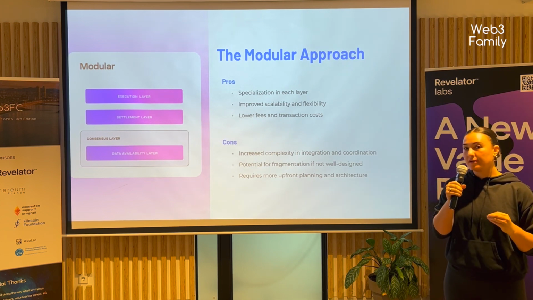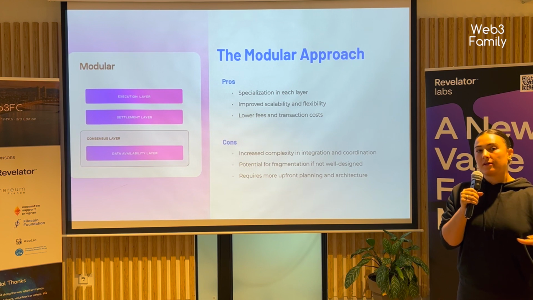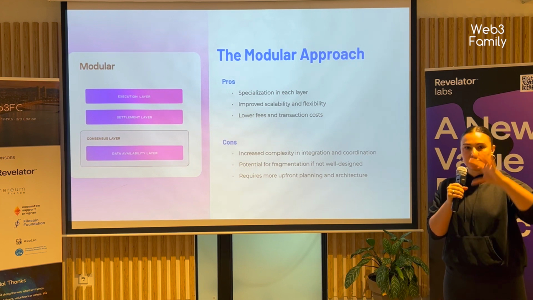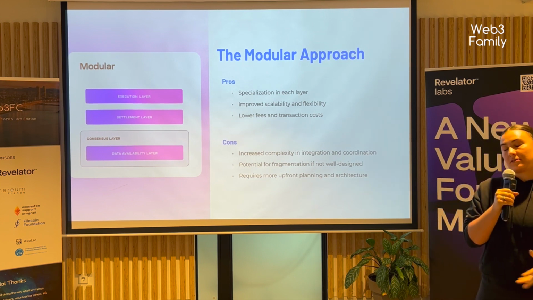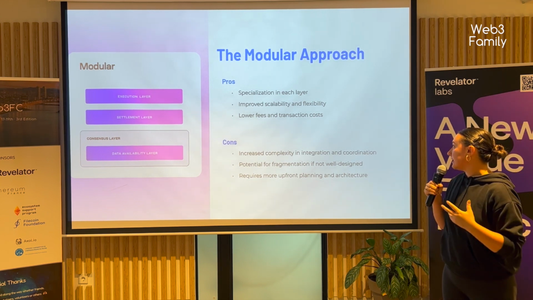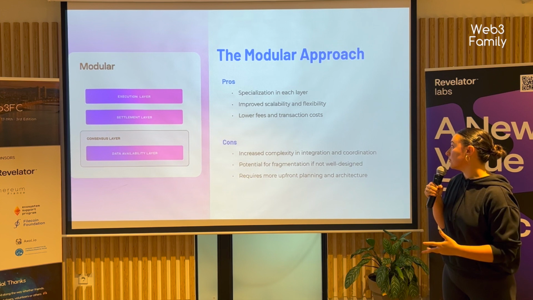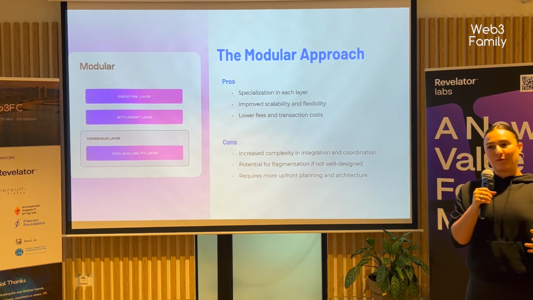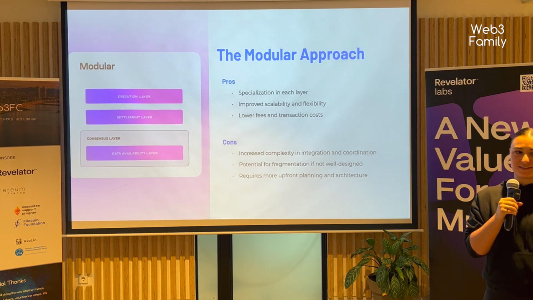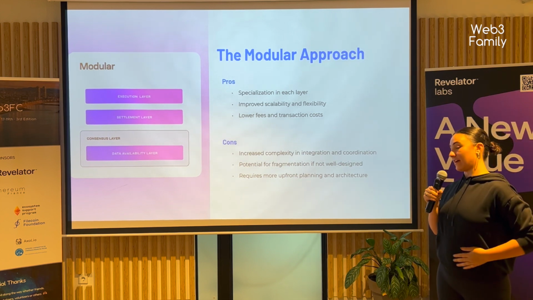You can do what you want and scale as much as you want. At the beginning I said you've got many different blockchains in Cosmos, so it's incredibly scalable. Low fees and transaction costs: you don't have very high transaction fees in Cosmos. It's really great with that.